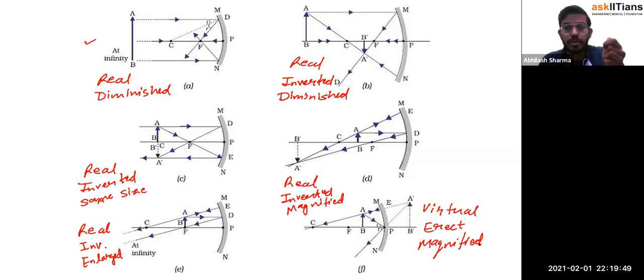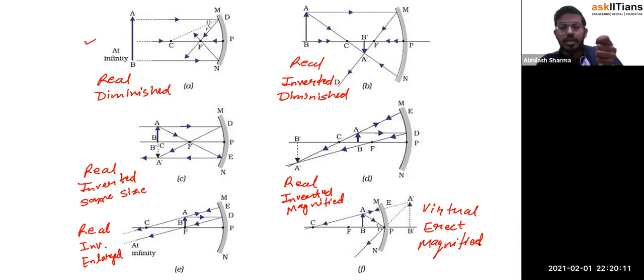It will still be inverted, but the size will gradually be rising, because in case number B, when it is far, the image is very diminished. When you bring it to the center, its size is increasing. And now, when you further keep on moving it closer and closer, size is increasing. You go to case number C, then case number D, size is increasing.